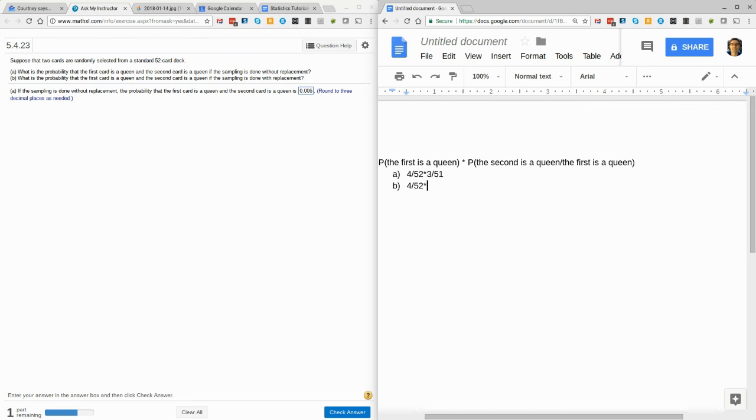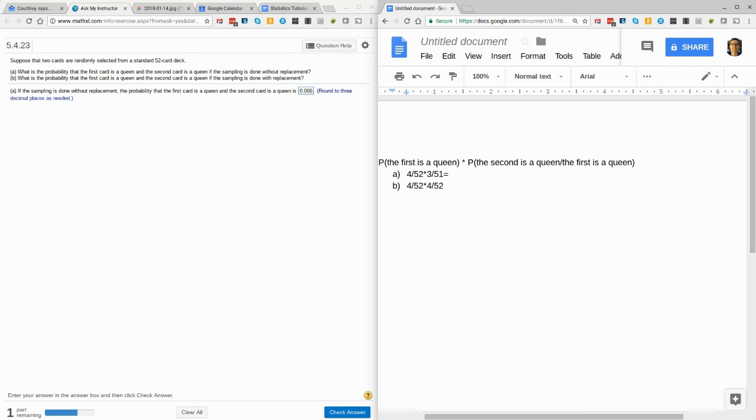Now, if you replace the queen, the odds actually stay the same, right? If the queen gets put back in the deck, there's 4 queens, and there's still 52 cards. So you just multiply those 2 probabilities times each other.